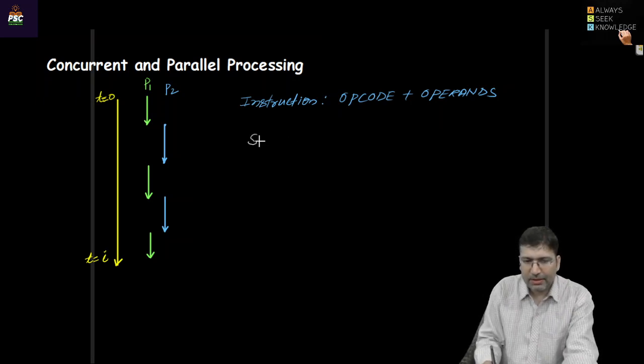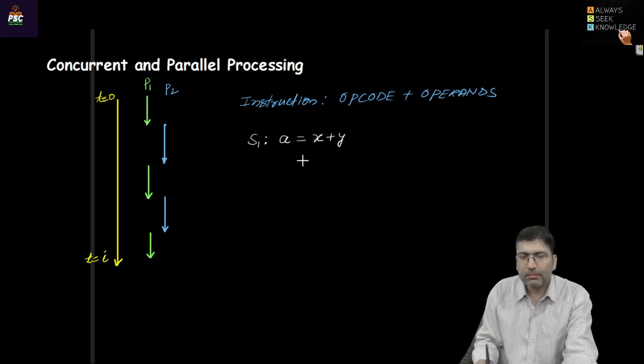Let's say I'm writing a statement S1, which is calculating the value of, let's say, A, and A is based on two variables, X and Y. There is another statement, S2, which is calculating the value of B, and it involves a variable Z, let's say Z plus 1.